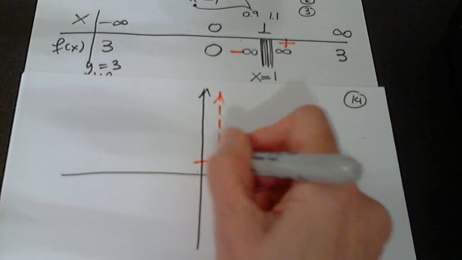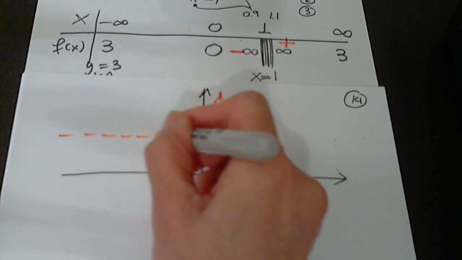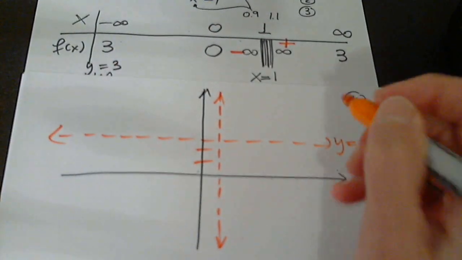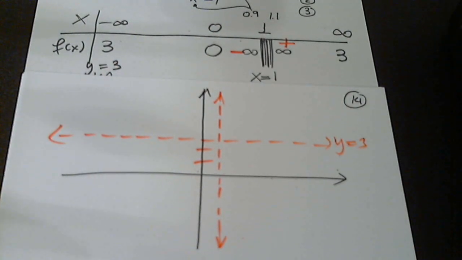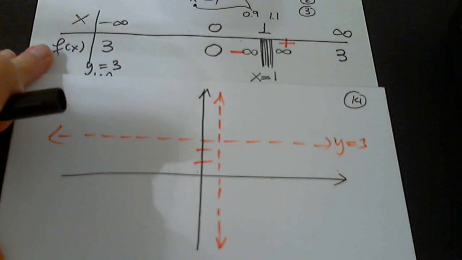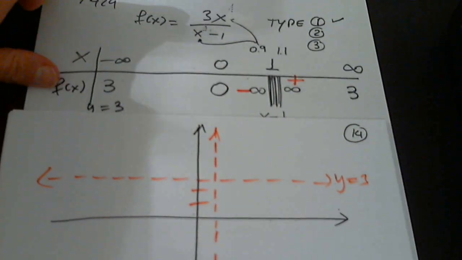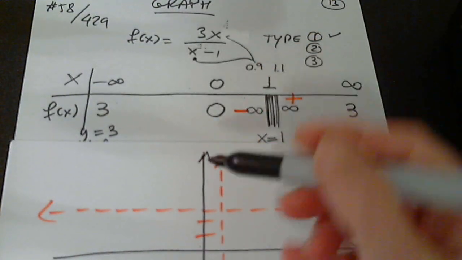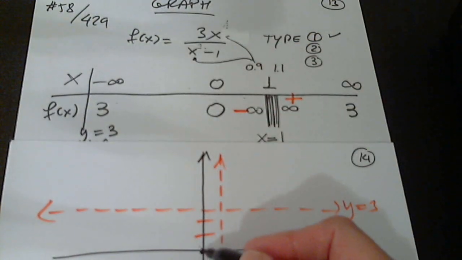And I see y equals 3. And now I read my table. Let's read the table together. The only point I have is 0, 0.